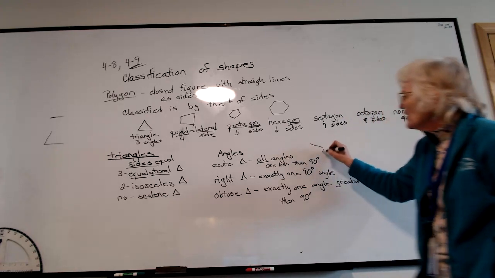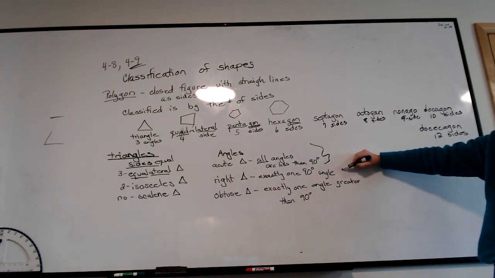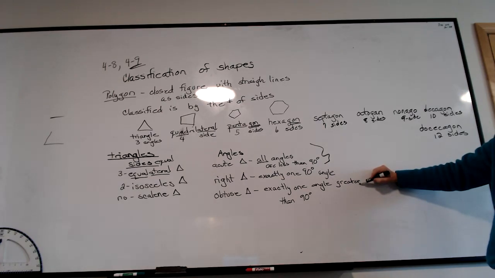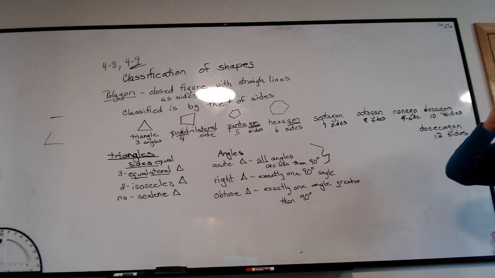So here, all the angles are less than 90. Here, only one angle is 90 and one angle is greater than 90 in these two. Because your angles have to add up to 180, so you can't have two right angles or two obtuse angles inside of those triangles.